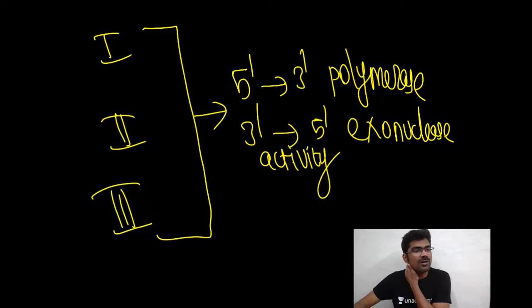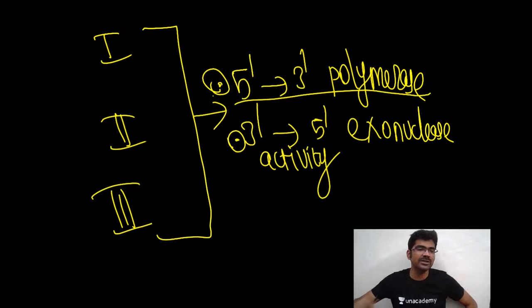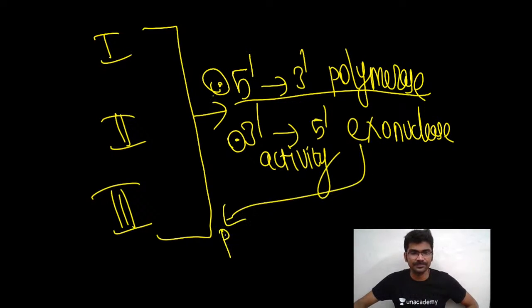Any polymerase should have 5' to 3' polymerase activity. Without this activity, how will you call it a polymerase? The 3' to 5' exonuclease activity is the proofreading activity.